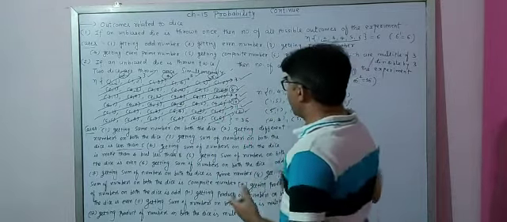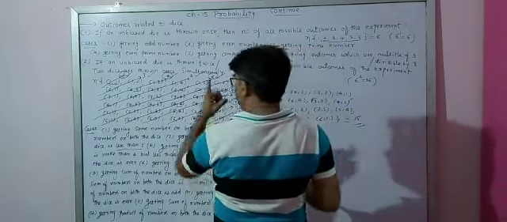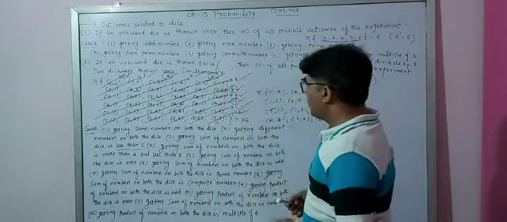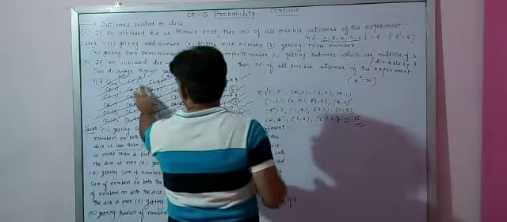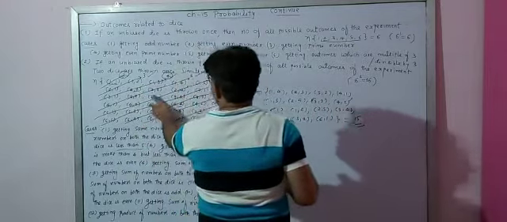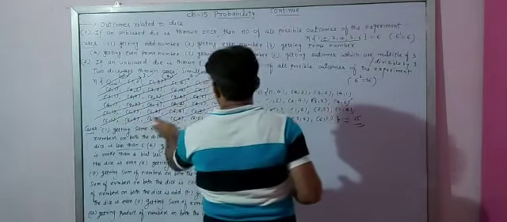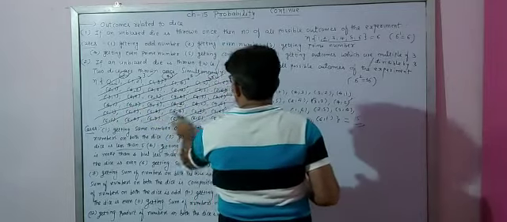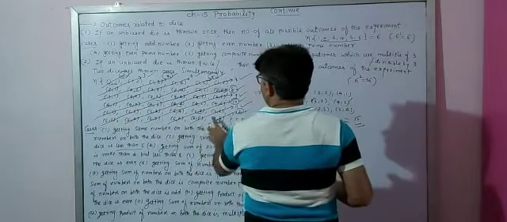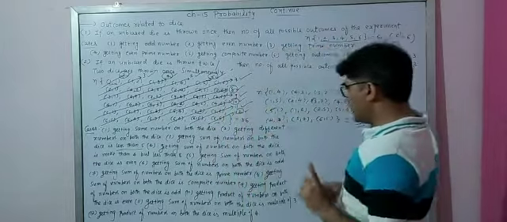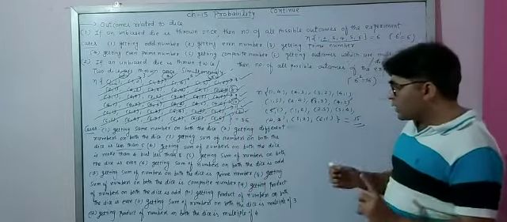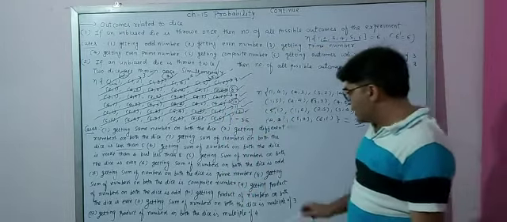So how many outcomes will be there? 21. We will see how. 1, 2, 3, 4, 5, 6, 7, 8, 9, 10, 11, 12, 13, 14, 15, 16, 17, 18, 19, 20, 21. So 21 outcomes will be included in the 8th case.